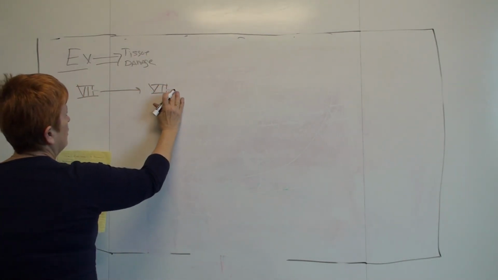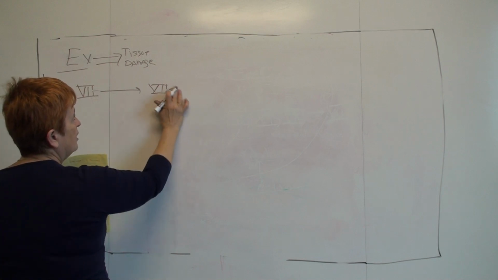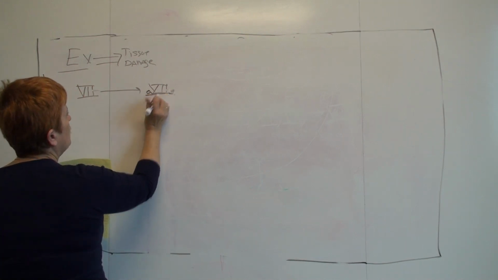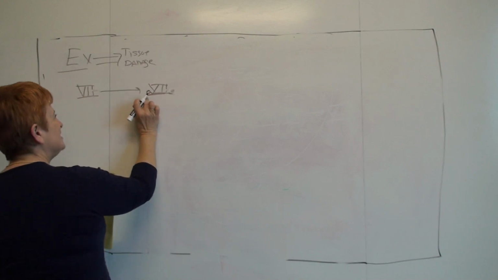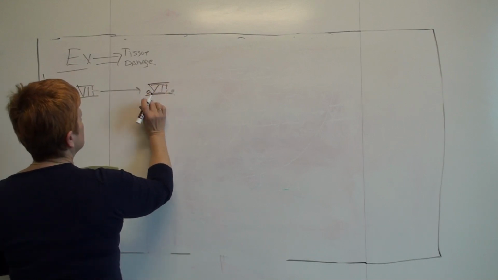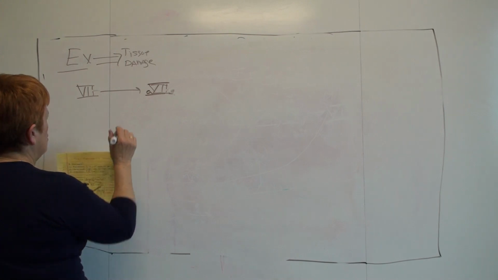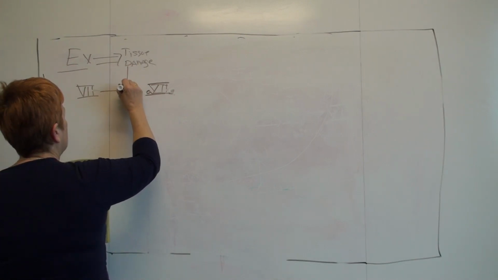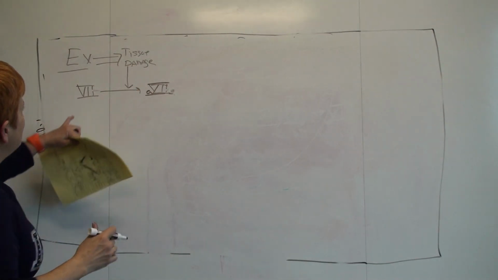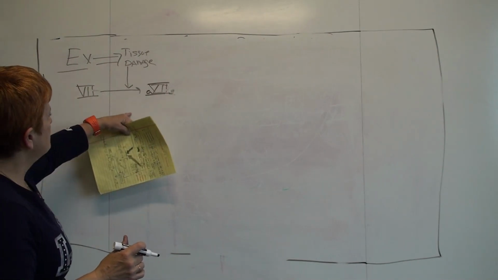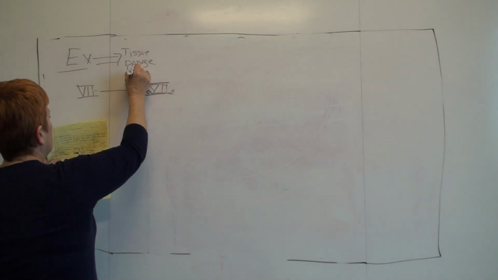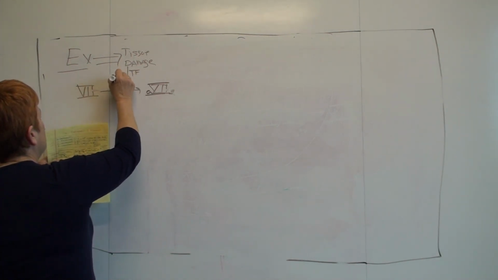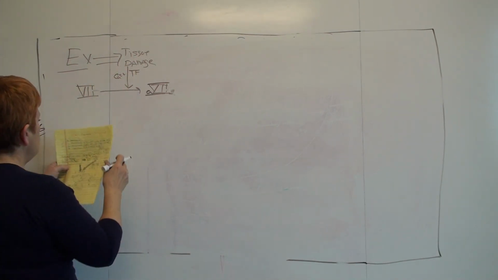Sometimes the A can be in front, or it can be in the back. As long as it has the A, I know that it is 7. Now, how does 7 get to 7A? I need your tissue factor, like what I had before, and I need my calcium. Woohoo!